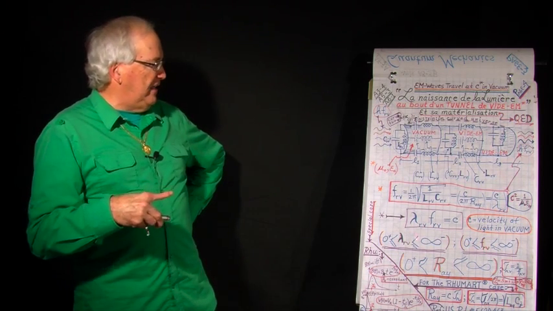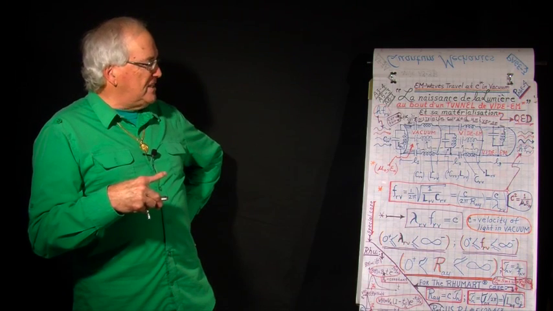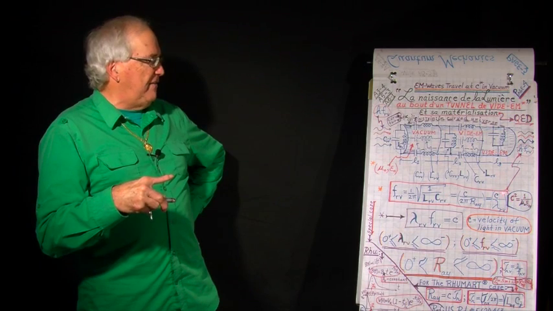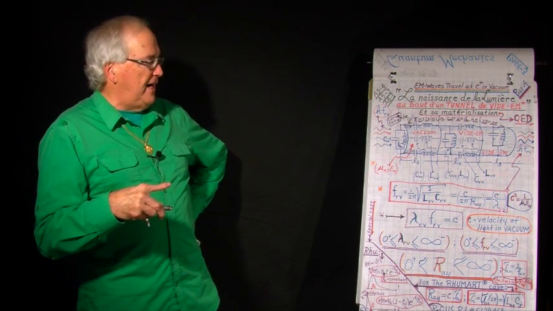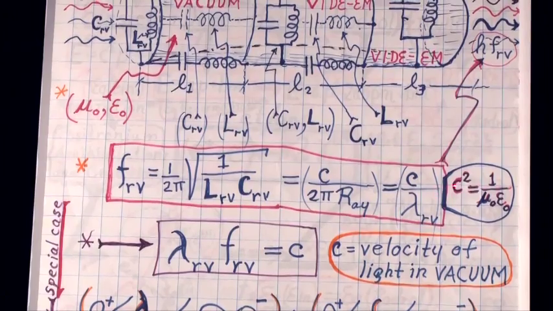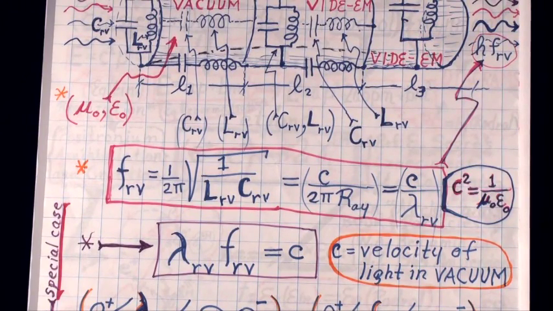Just remember that the vacuum resonates at any frequency, and this frequency is given by the speed of light divided by the wavelength, where the speed of light, of course, is found experimentally to be the square root of the inverse of the product of the electric constant multiplied by magnetic permittivity of the vacuum.